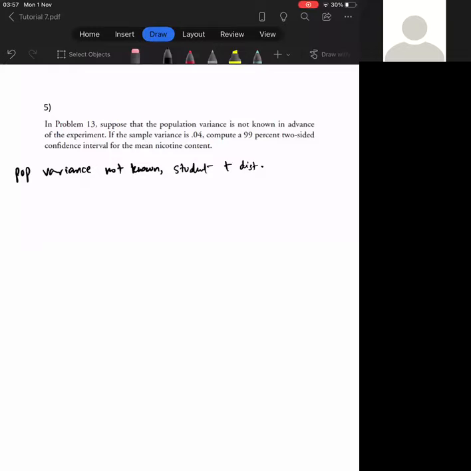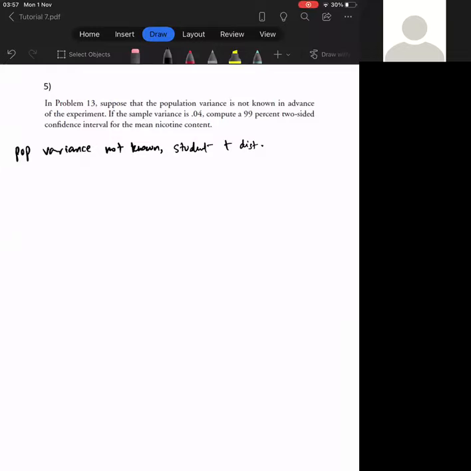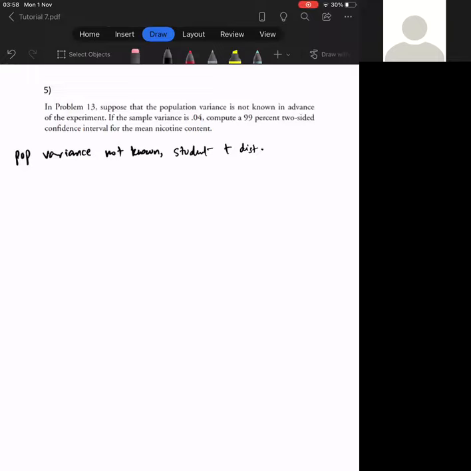It will be exactly like what we did before, but instead of the normal limits, we're going to look at the interval that looks as follows.